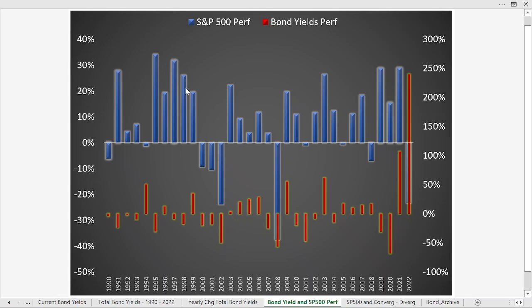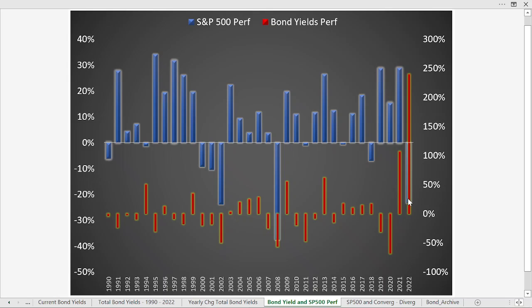And later on in the 1990s, we saw a tremendous amount of growth in the S&P 500, and of course in 2001 and 2002 the S&P 500 went down by about 20 to 25%. Then, of course, in the 2008 recession, it went down as well. Currently, the S&P 500 is down over 20% for the year 2022 so far, about 23%.